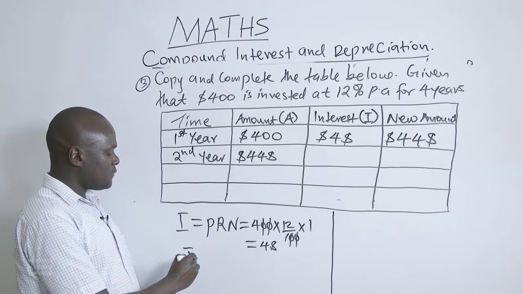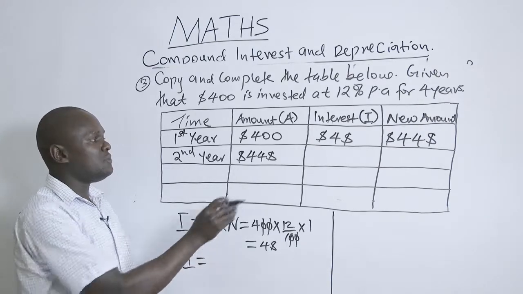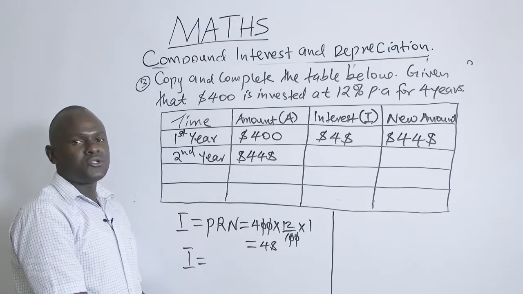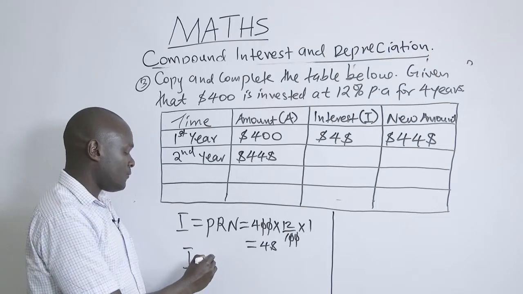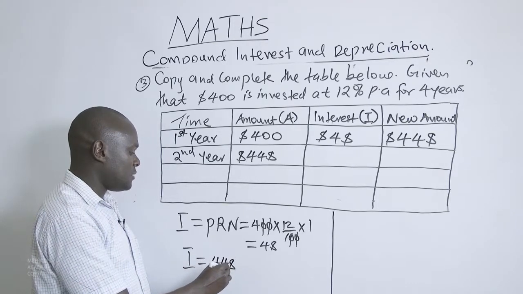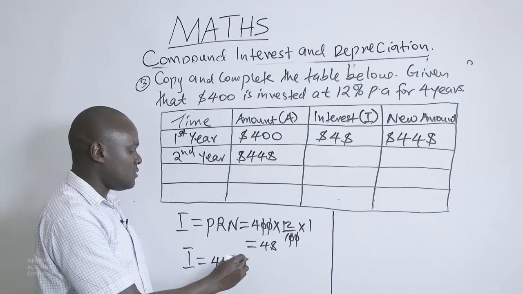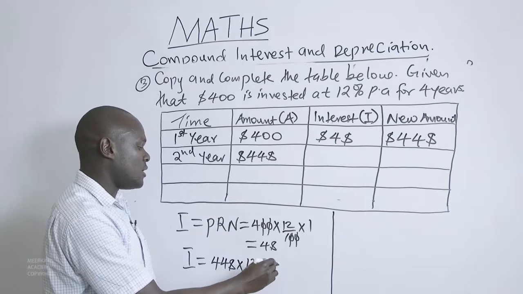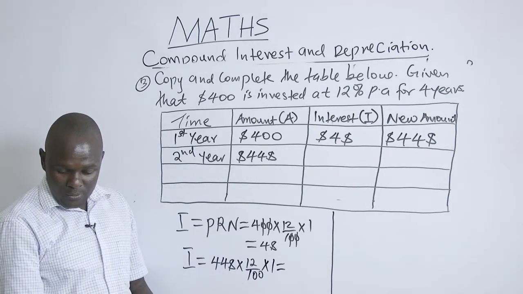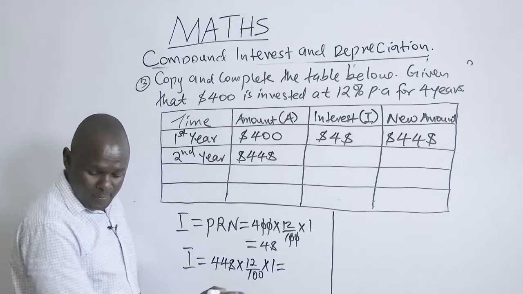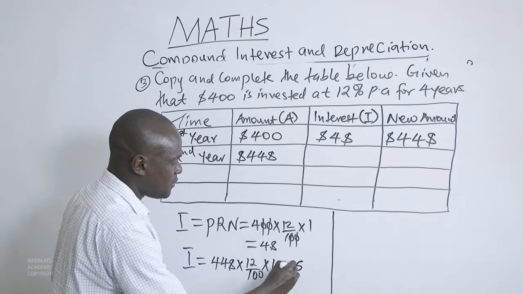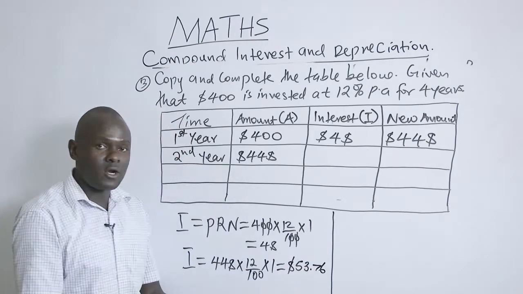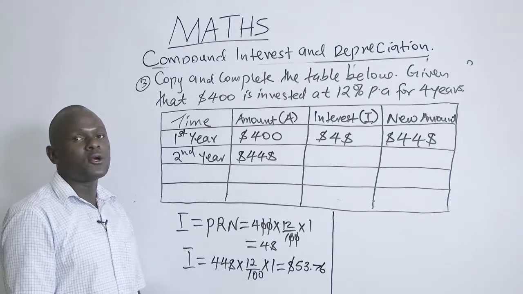And in this simple interest formula, we have a new principal. This is the column for principals that should be used to calculate the interest. This will be 448 multiplied by the rate, which still remains the same, 12 out of 100, 12%, multiplied by 1. And when we do that, this will give us $53.76.